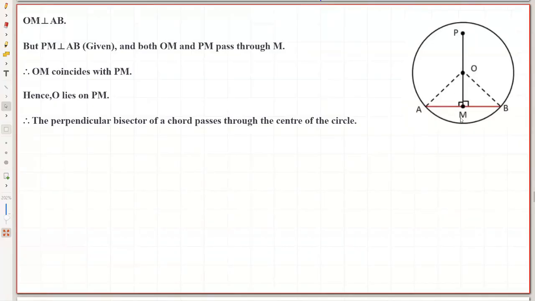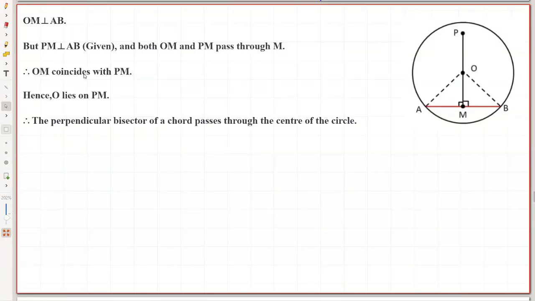But PM is perpendicular to AB is given in the question. So both OM and PM are passing through M. And OM coincides with PM. Why? Both are passing through M. So therefore, OM coincides with PM.